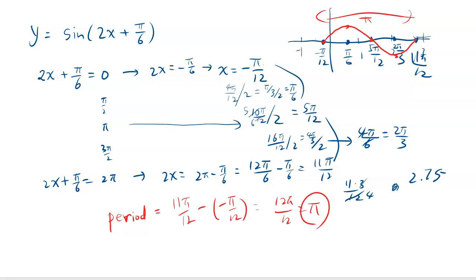Another thing I should have mentioned in the previous question is the phase shift. It's about where the thing begins. The thing begins at -pi over 12, right? So the very first number is called the phase shift. So that's -pi over 12. Okay, so the very first number is called the phase shift.